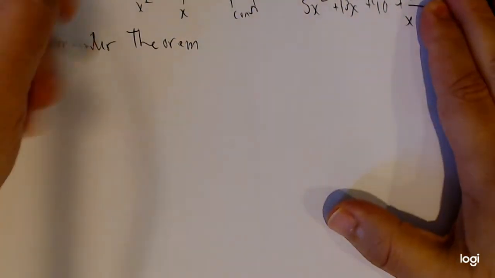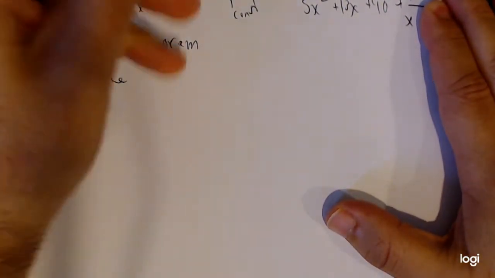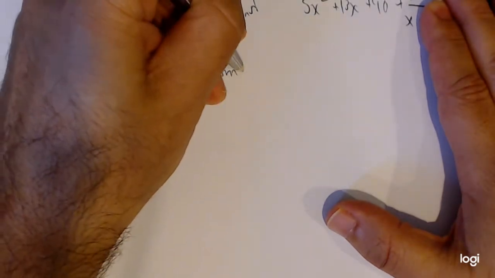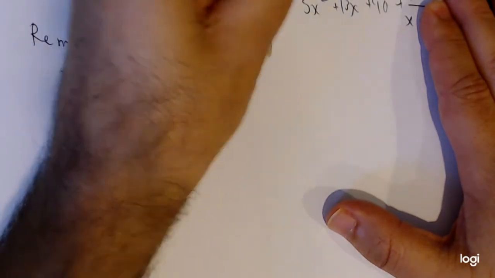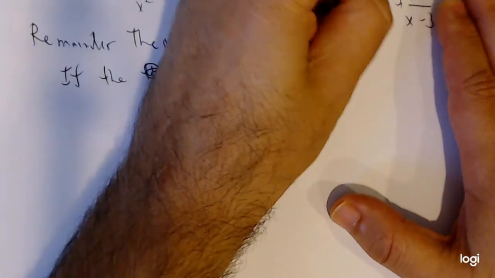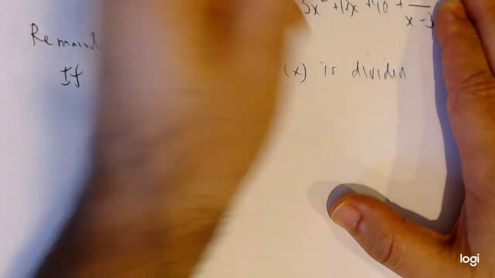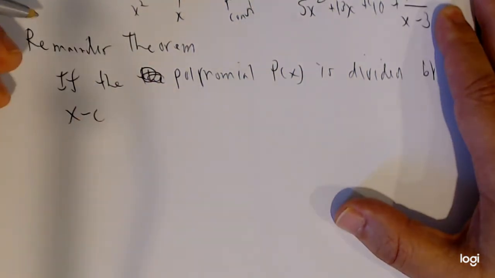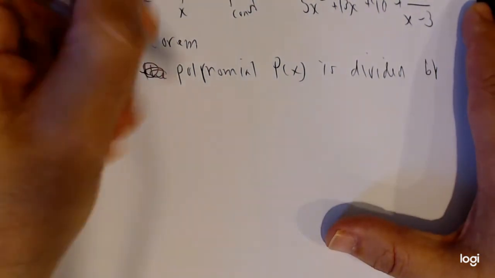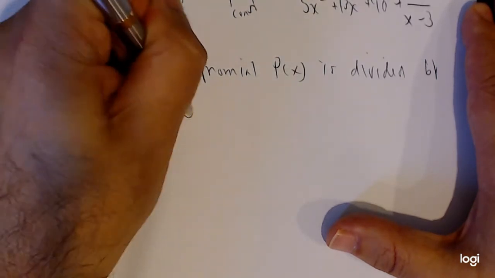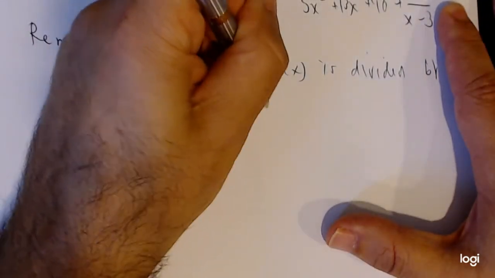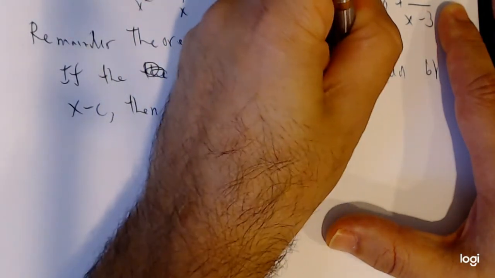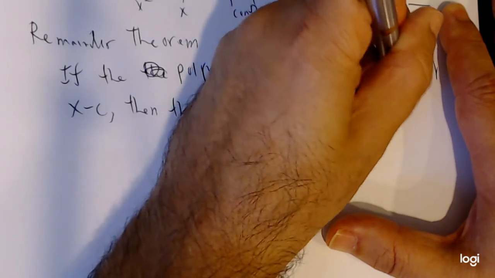So we would say, look, if the polynomial p of x is divided by x minus c, then the remainder is the value p of c.